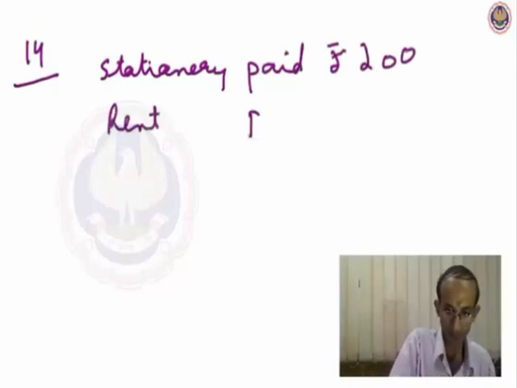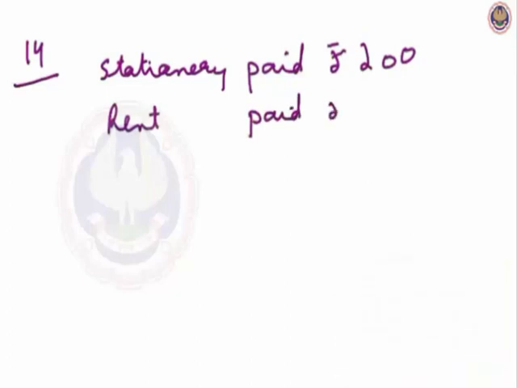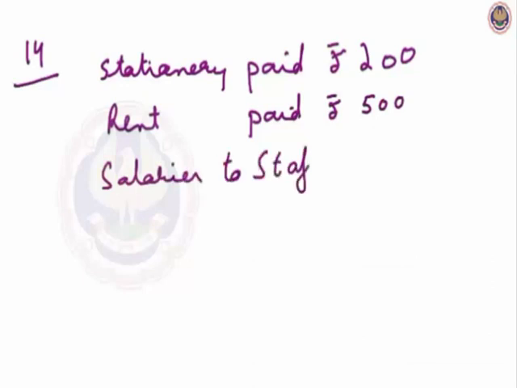Then rent paid rupees 500 and salaries to staff we have paid rupees 2,000. As all these accounts are related to nominal accounts, we can pass a single compound entry.